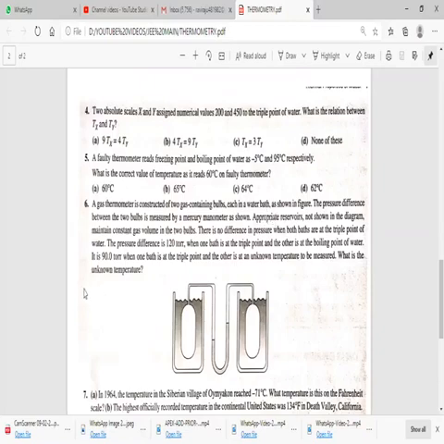According to that, C by 100 equal to, this is the centigrade scale, and we have to equate the same relation with the faulty thermometer. For the faulty thermometer, the value is 60 minus the lower temperature, -5, over the higher temperature, 95, minus, of course, -5, the lower fixed point. Based on that, the numerator will be 65 and the denominator will be 100.